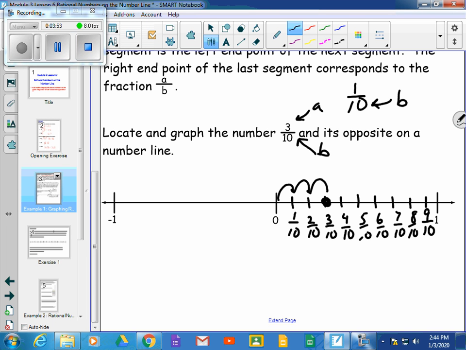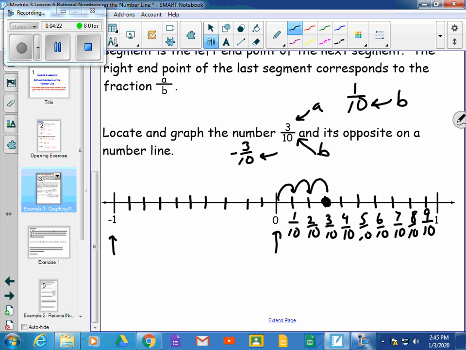And we also have to graph its opposite on the number line. Well, the opposite of 3/10 is going to be negative 3/10. Notice the negative 3/10 is between 0 and negative 1. We're going to split that up into 10 equal spaces. That would mean each of these segments would be worth 1/10.